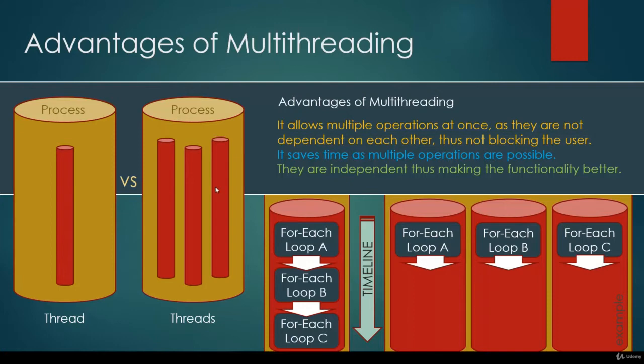If we have multiple threads, for example 3 distinct threads, then every single thread can do a given operation. In this case, the first thread is going to do the first loop, the second thread is going to do the second loop, and the third thread is going to do the third loop. So as you can see, it is the main advantage of multithreading that we can do several operations concurrently.